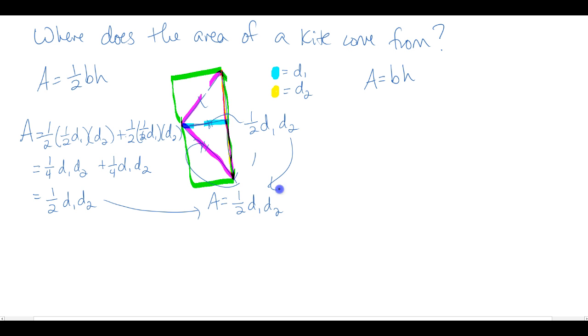So again, here's our area formula for a kite. Our area formula comes from either two triangles created by reflection or one big rectangle created by rotation.